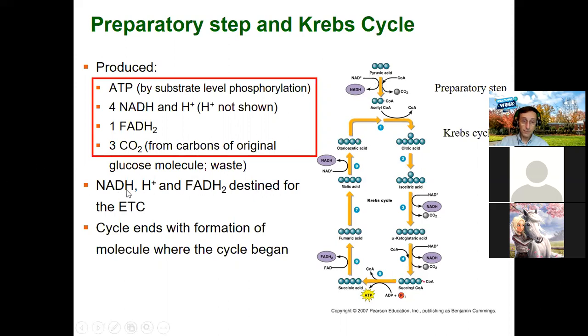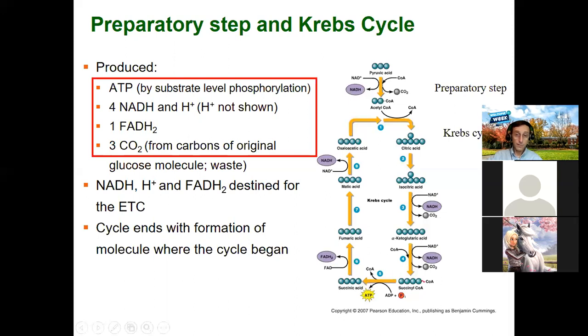It carries the electrons from glycolysis to the electron transport chain. All right, any questions about that? Here's a question for you. How many ATP are generated by the preparatory step and the Krebs cycle per molecule of glucose?